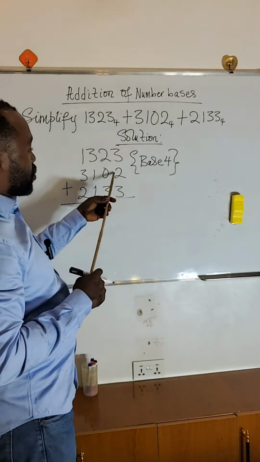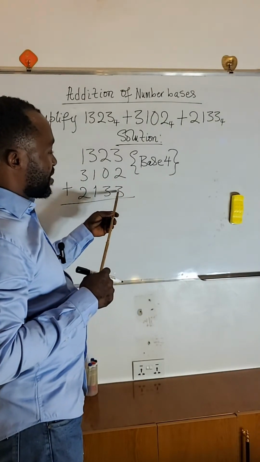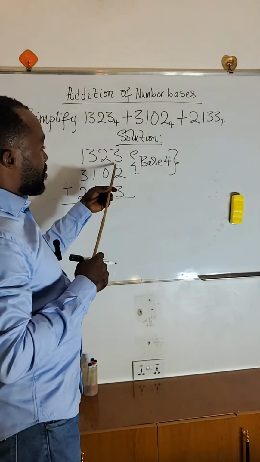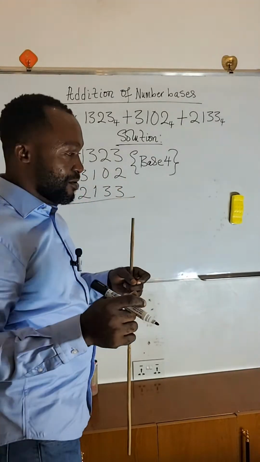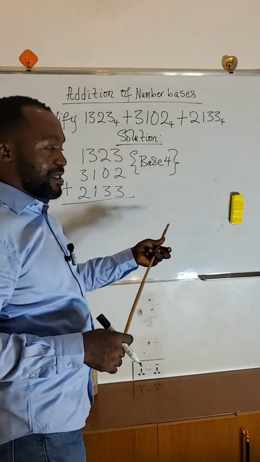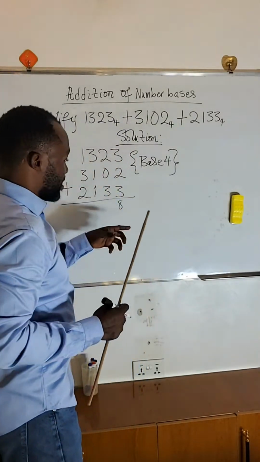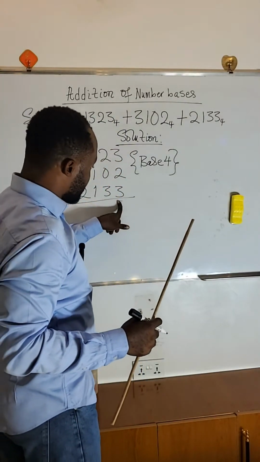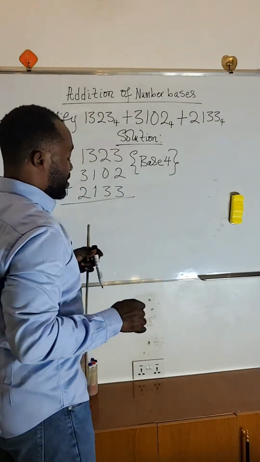3 plus 2 is 5. 5 plus 3 is 8. Then, since we are working in base 4, we are supposed to write 8 here, but it is not appropriate writing it there.